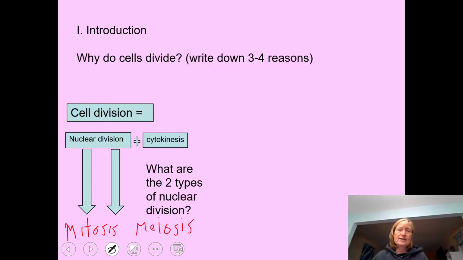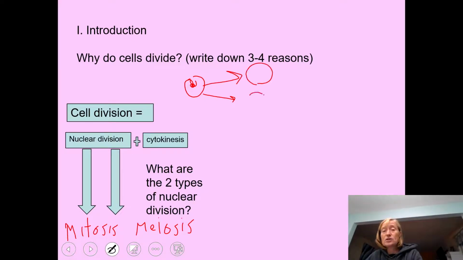Well, mitosis is when a cell is dividing to make a clone of itself, to make an exact genetic copy of itself. And so in mitosis, one cell, with its genetic material in its nucleus, is going to give rise to two genetically identical daughter cells. We call them daughter cells typically, okay?